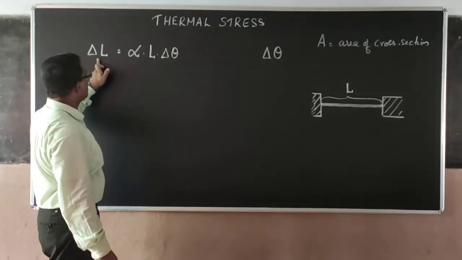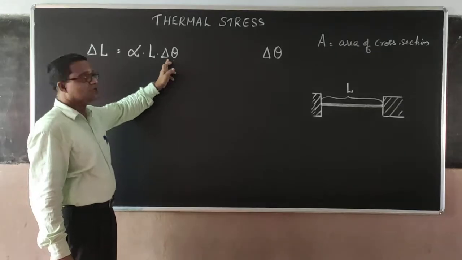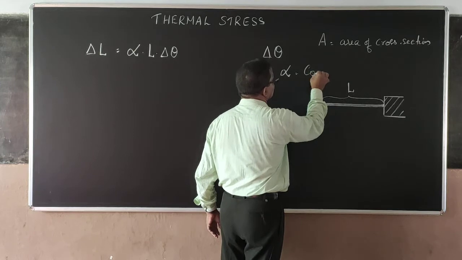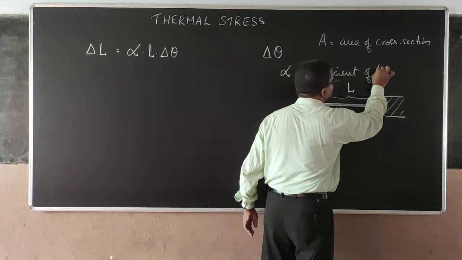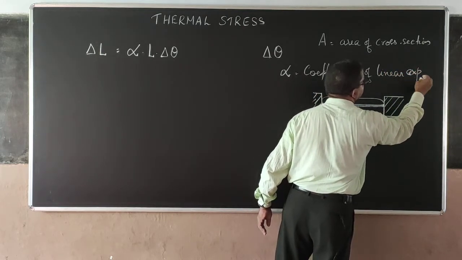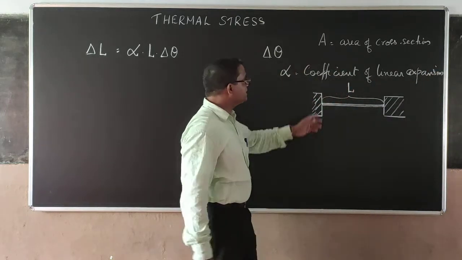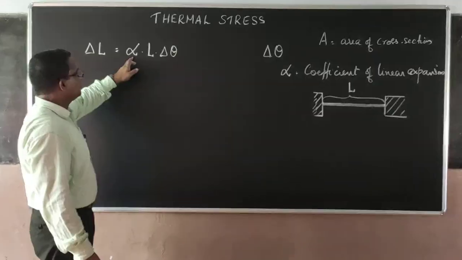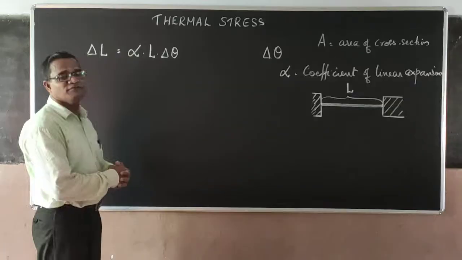That is, the thermal expansion depends on the original length and the rise in temperature, and alpha is called the coefficient of linear expansion of the material. Depending upon the material, you can find the value of this from the data book. You can substitute and find it.